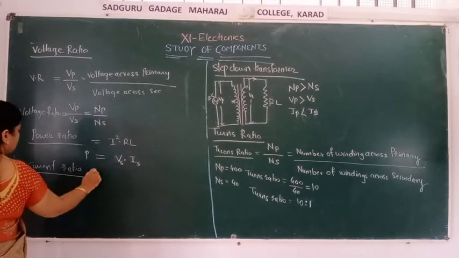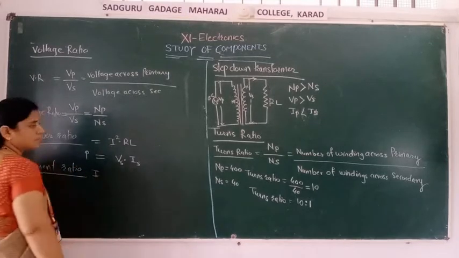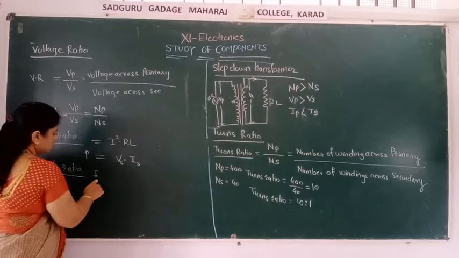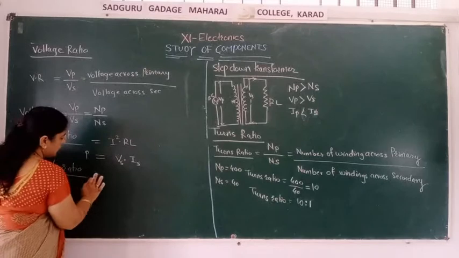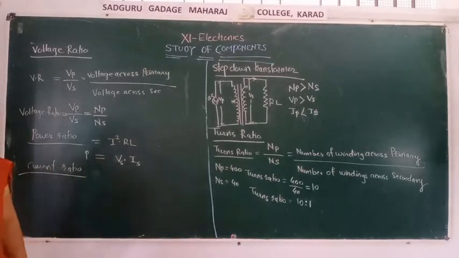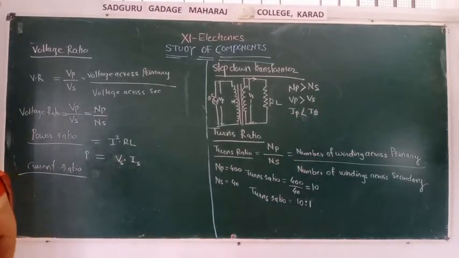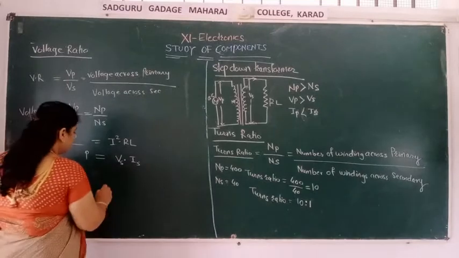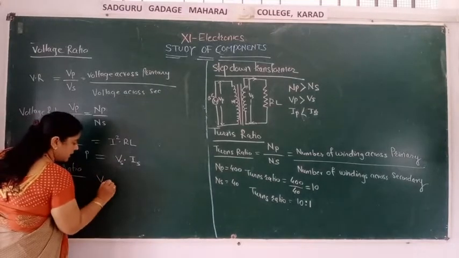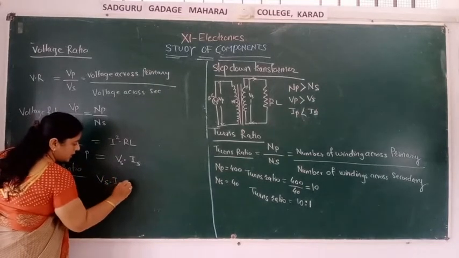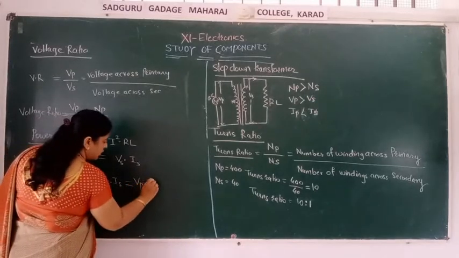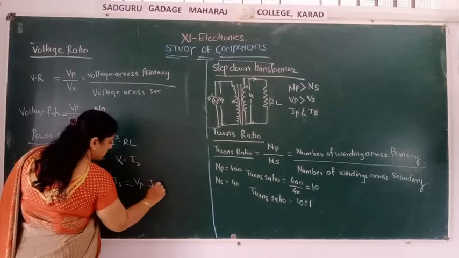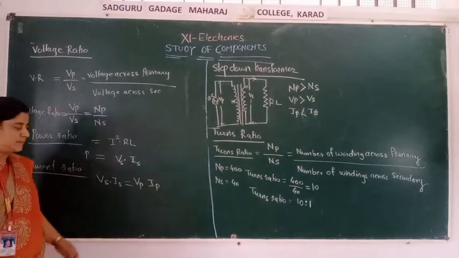Current means what? I. So I is equal to V by R. And we can write for the current ratio like this: the voltage across the secondary into the current across the secondary, that is the power. The voltage across the primary into the current across the primary are equal.